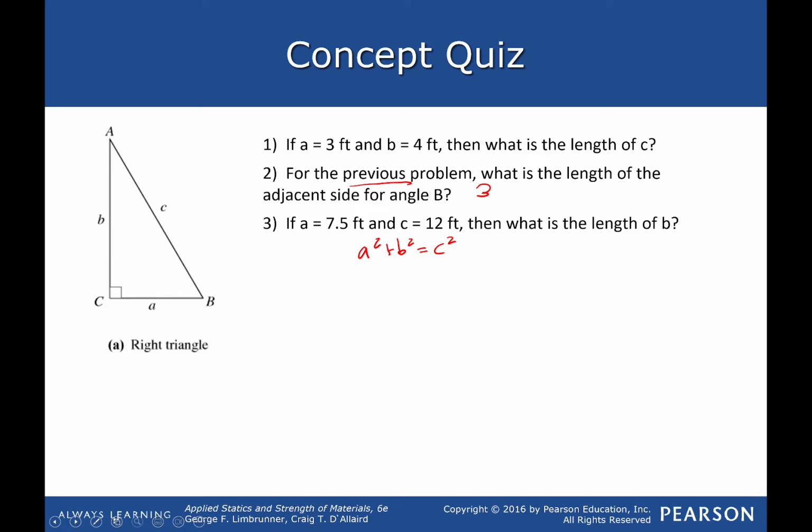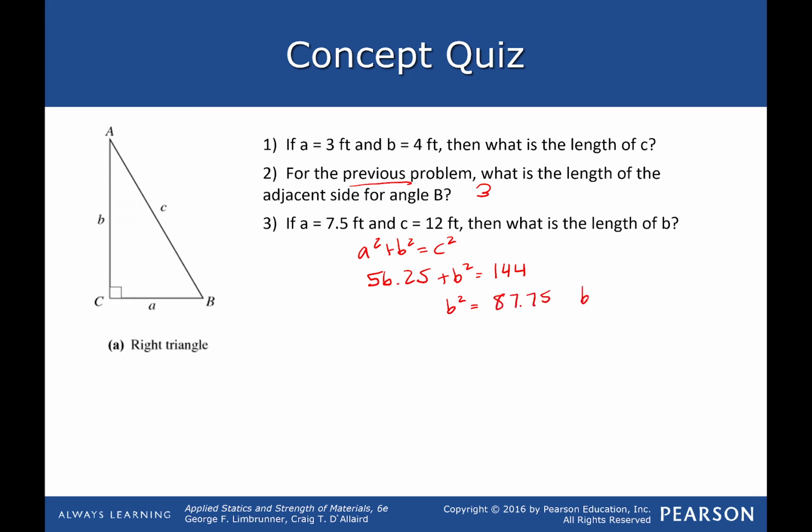Yes, I can do a whole lot of math, but that's not something I want to try to do. Okay, so what I get then is that 56.25 plus B squared is equal to 144. So B squared is going to be equal to, I subtract 56.25 from both sides, and I get 87.75.